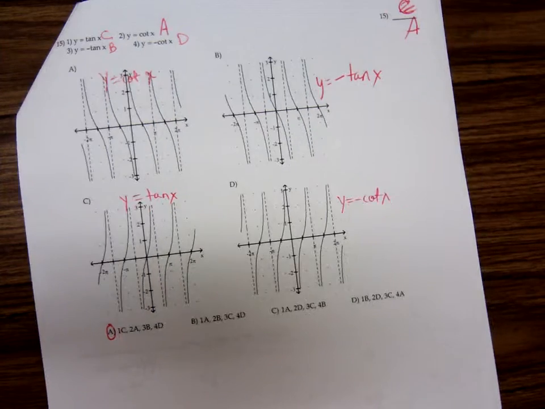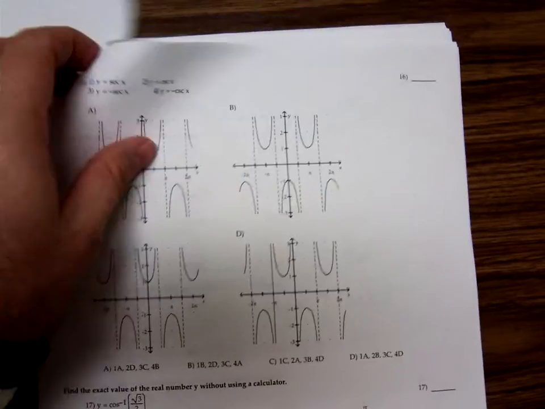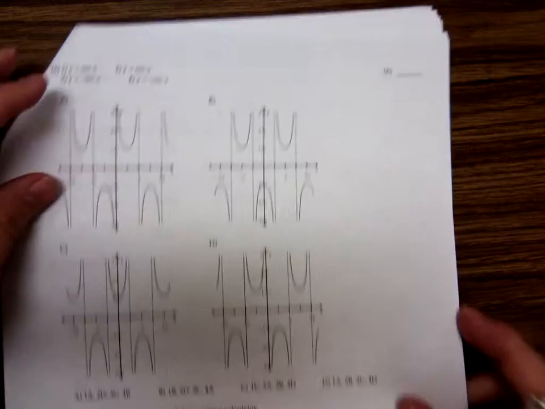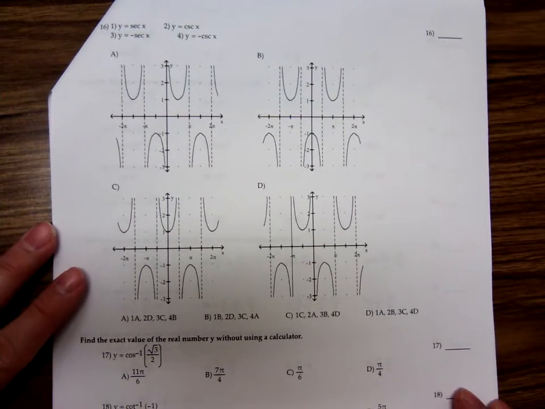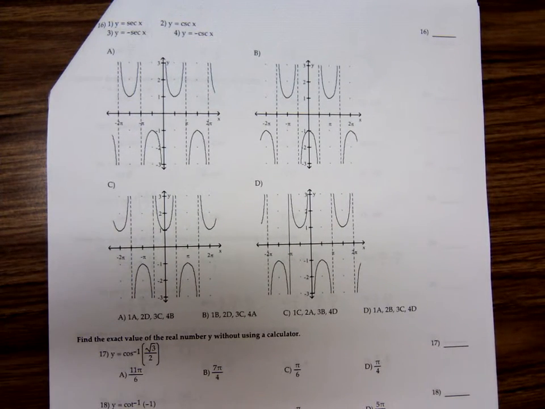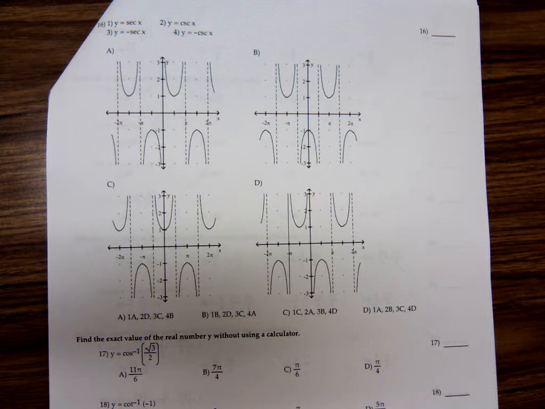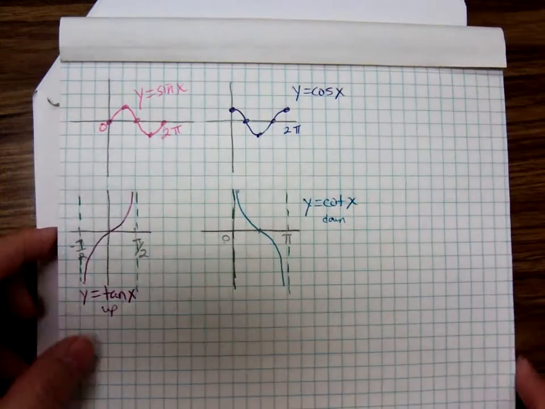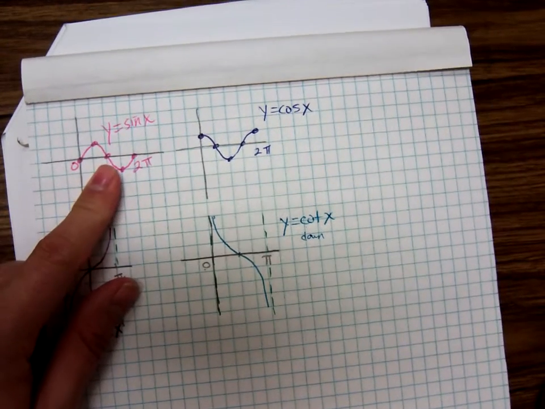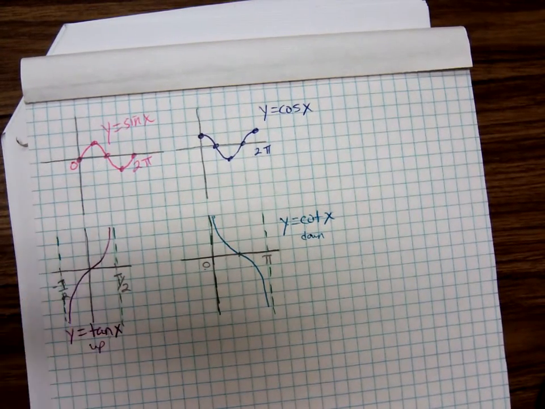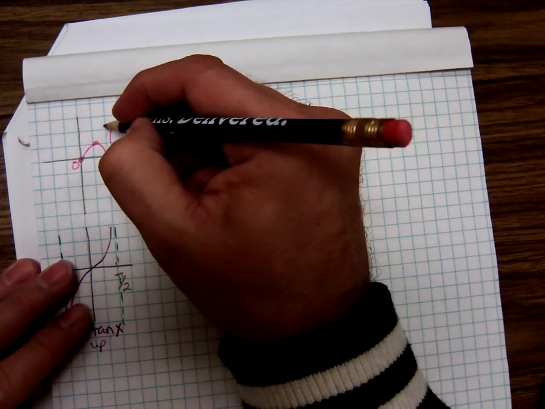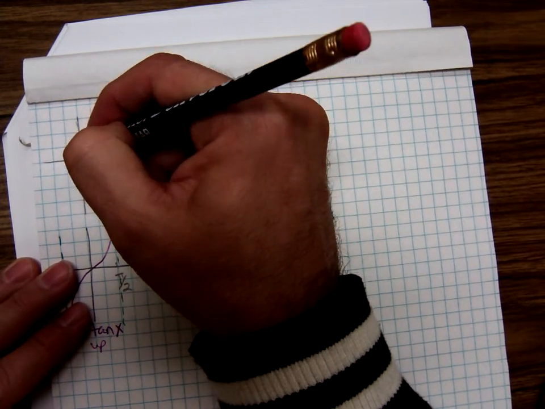Okay, one more of these multiple choice graphing problems to do, dealing with secant and cosecant, and then negative secant and negative cosecant. The secant and cosecant curves you get by sketching in the asymptotes, and here's sine x.